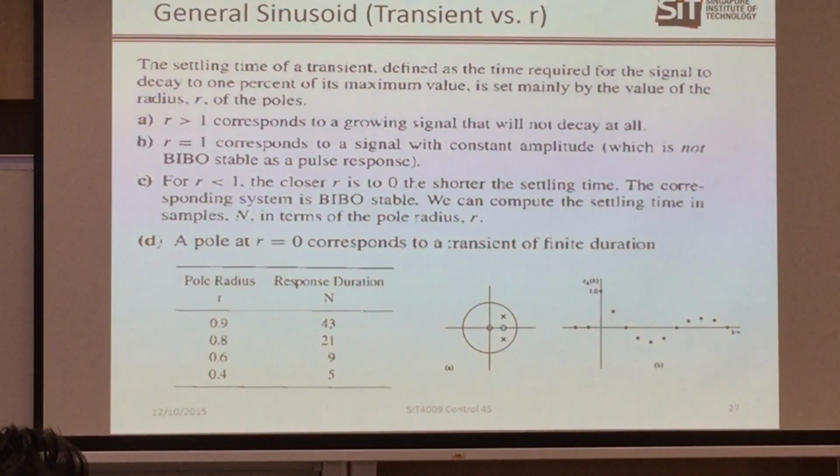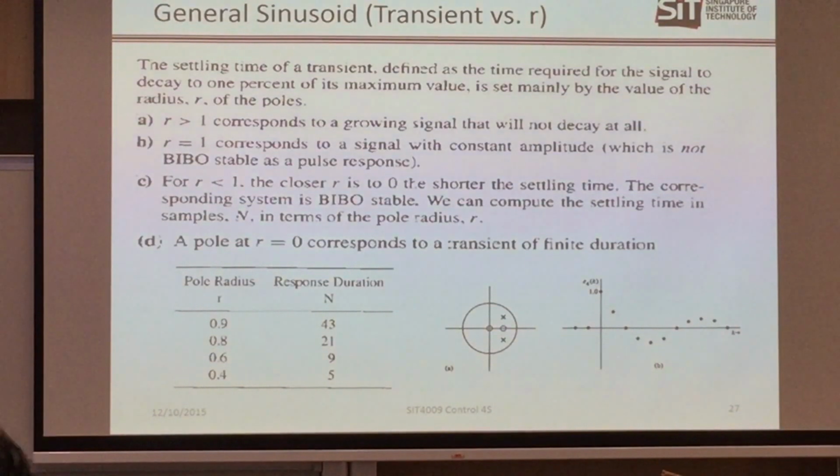If r equals 1, that means your signal will be kept at a constant amplitude, which won't die out but also won't converge.